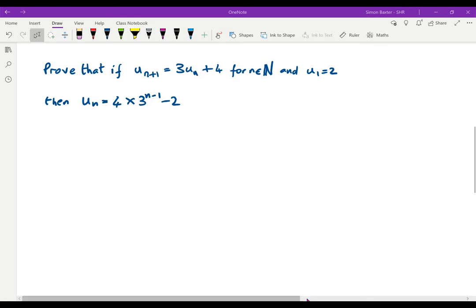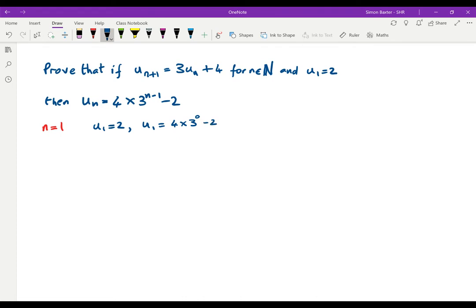Well, we start in the usual way. We start by looking at the lowest value of n, that's n equals 1. If n is 1, we know that u1 is 2. We're told that. If we look at the formula, we get that u1 is 4 times 3 to the 1 minus 1, which is 0, minus 2. 3 to the 0 is 1, 4 times 1 is 4, minus 2 is 2.